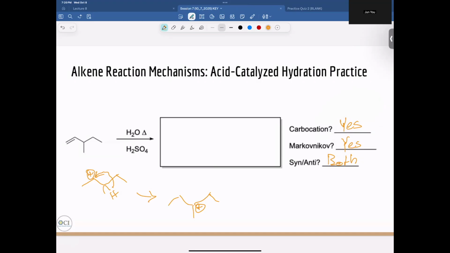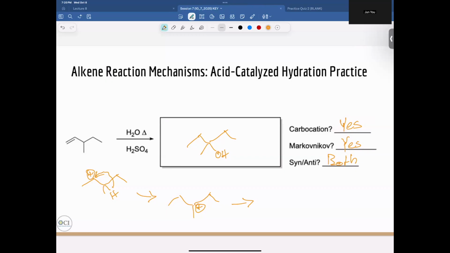And then we can put the OH onto there. So our product would look like this. Make sense? You understand that? OH goes on the more substituted side, forms a cation intermediate when you have H2SO4 H2O.